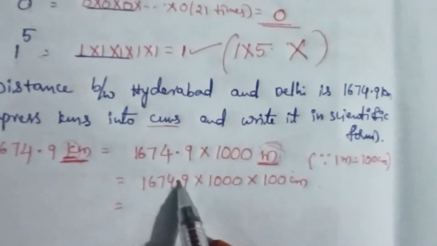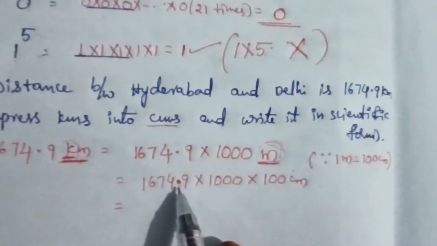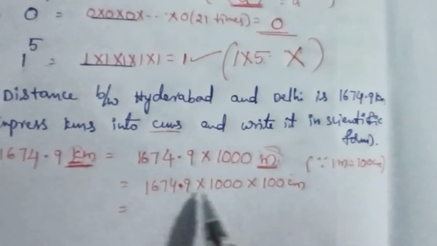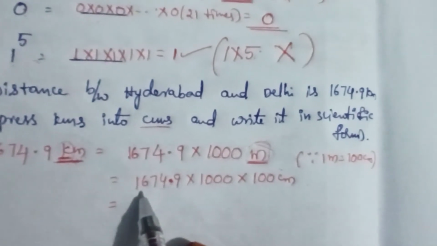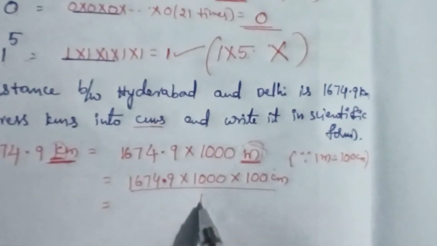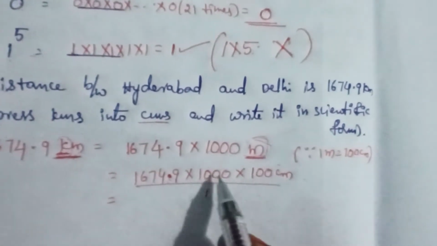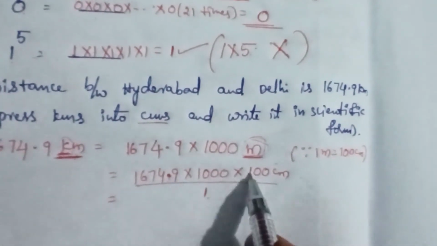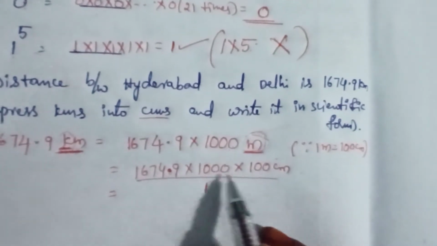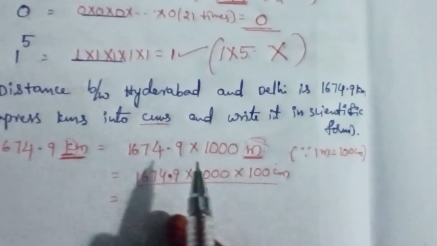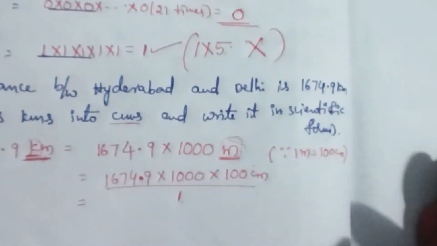Here we have the point between 4 and 9. If you write like this, this is in numerator and this one is in denominator. The zeros of 1000 into 100 are in numerator, that's why this point moves from left side to right side.